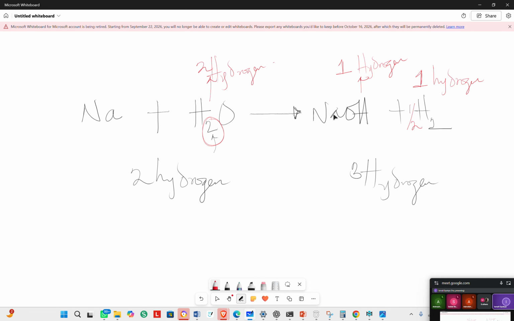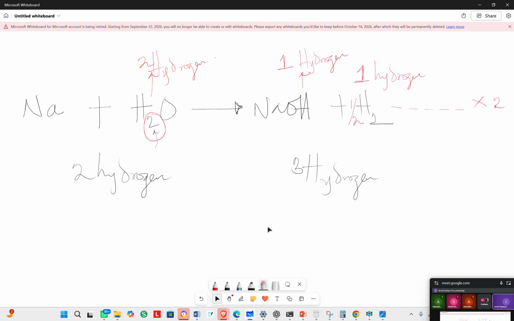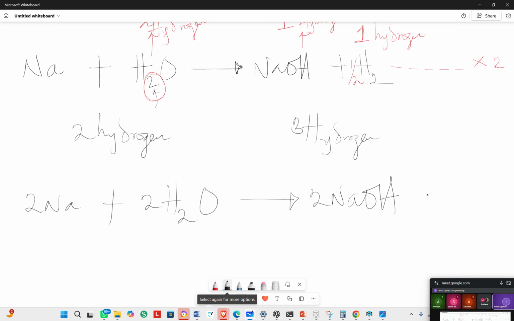So when you multiply everything all through by factor 2, you are basically going to have 2Na plus 2H2O to give 2NaOH plus H2. Now in this case, the equation is balanced.